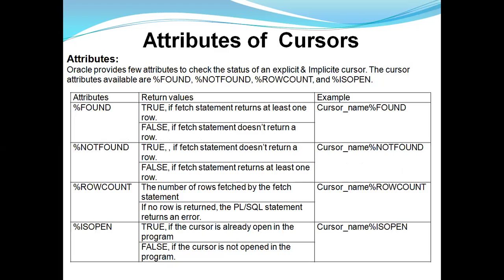Now, a cursor has some attributes which can help us to retrieve some status of the cursors. So we have found, not found, row count, and is open. Found returns a Boolean output, either true or false. How to use? Cursor name %found.